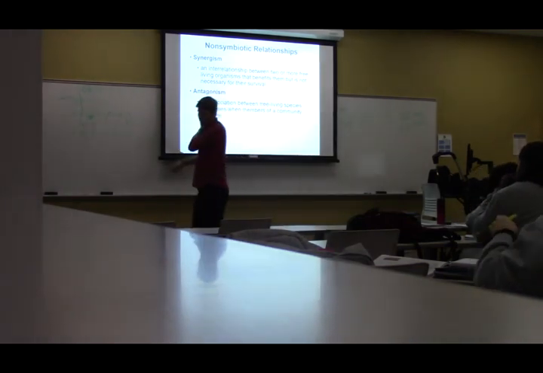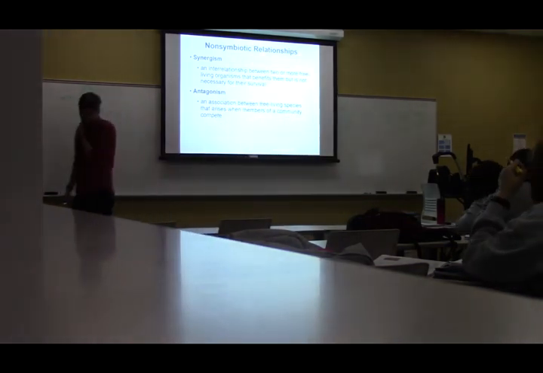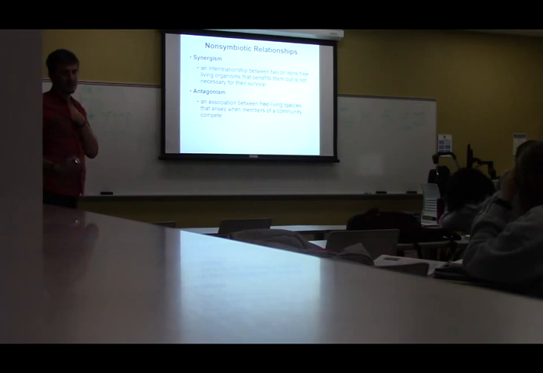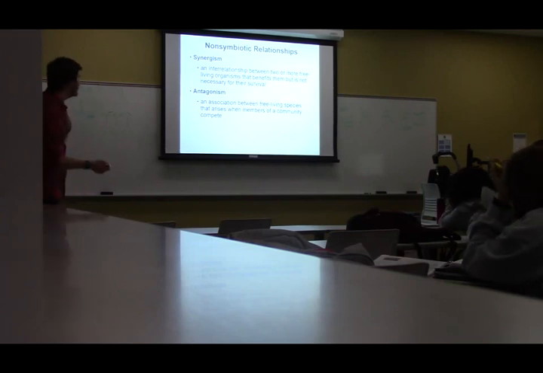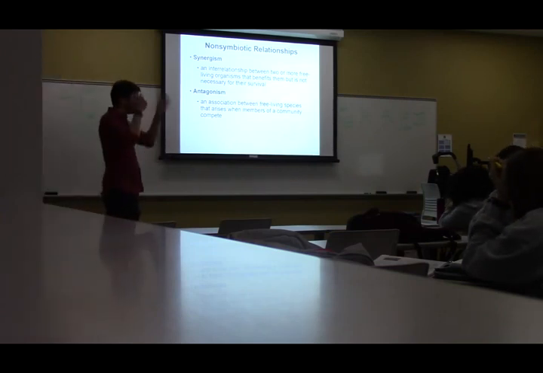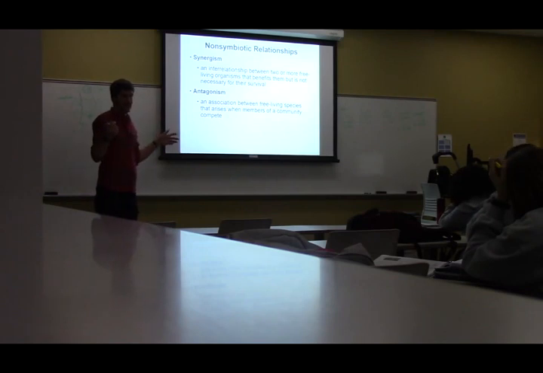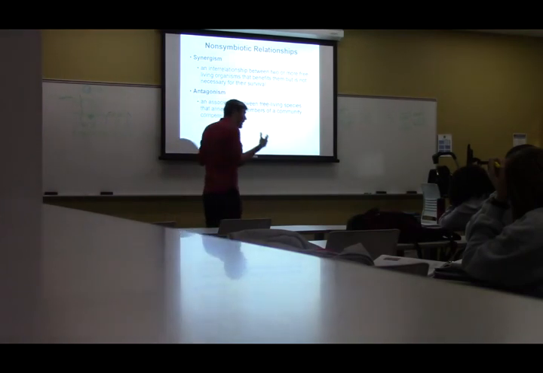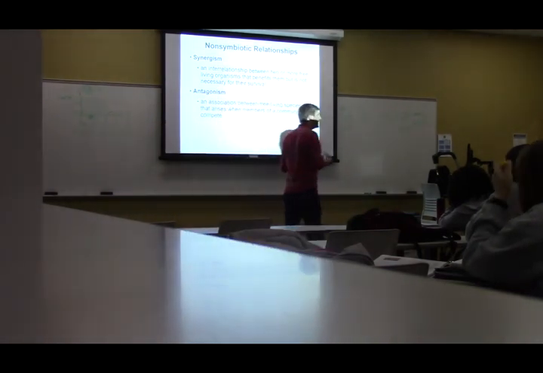The other category of ecological relationships is non-symbiotic relationships. These by far and large are the most common we see in nature. Okay? This is where organisms live in the same environment and they don't really care who's there. Ideally, organisms would want to be by themselves, but there's not enough space, so organisms have to live together.